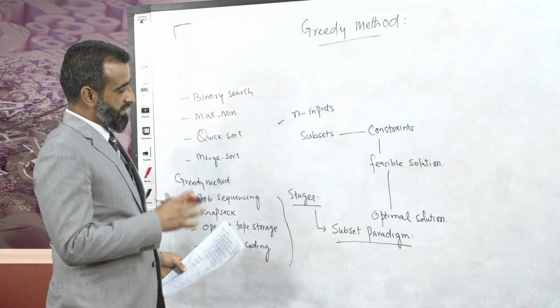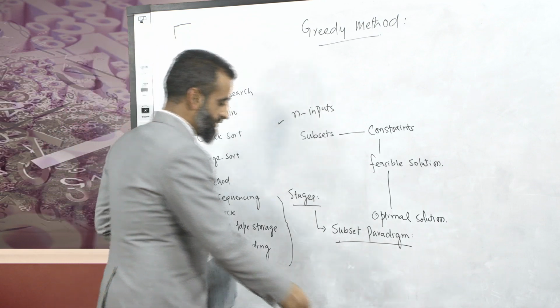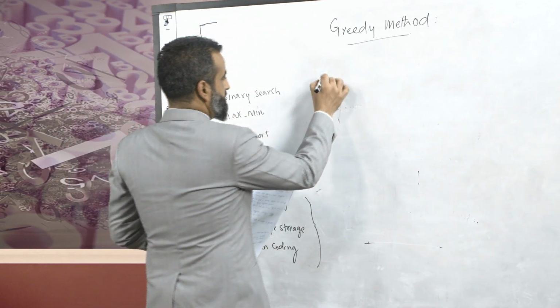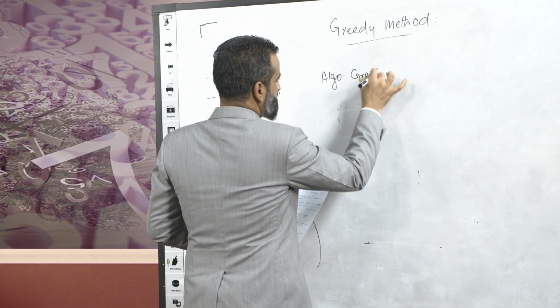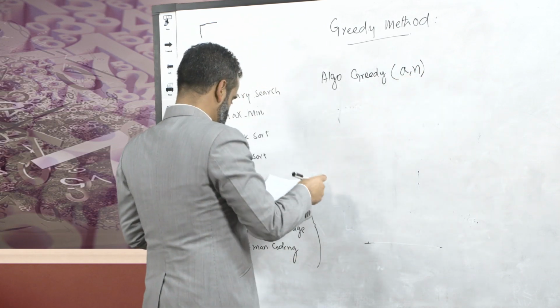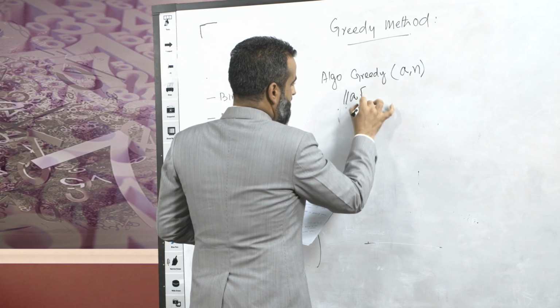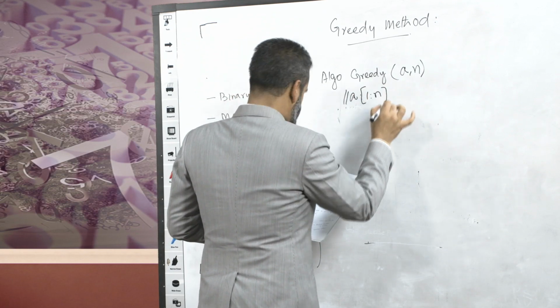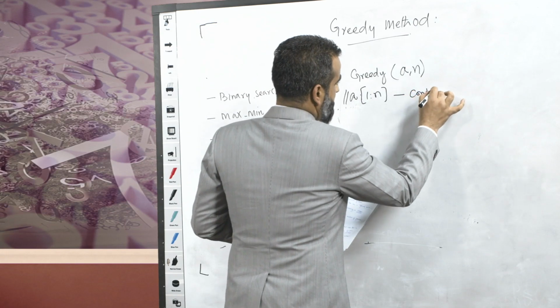Let's write down the algorithm for this problem, and then try to solve different problems using this algorithm. In this case A is the array that contains the n inputs, and n is the number of elements.